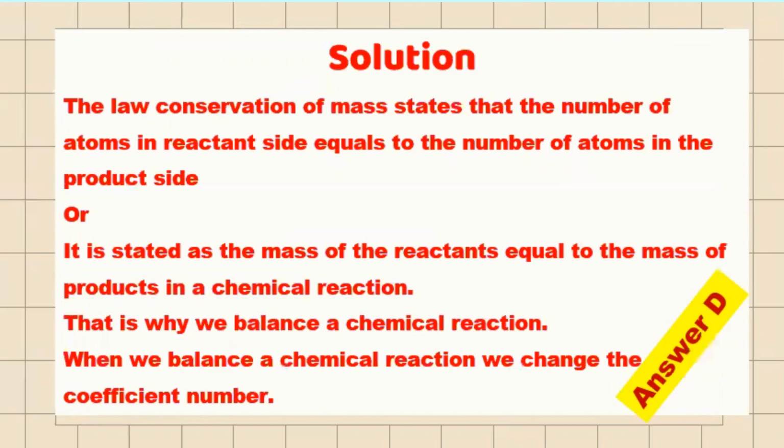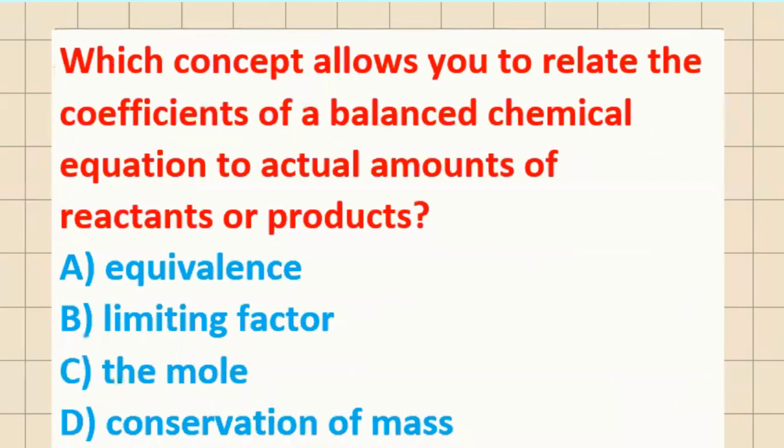Therefore, the answer must be D. Conservation of mass allows you to relate the coefficients of a balanced chemical equation to the actual amounts of reactants or products. The amount of reactants or products means the mass and number of atoms of the reactants and products.